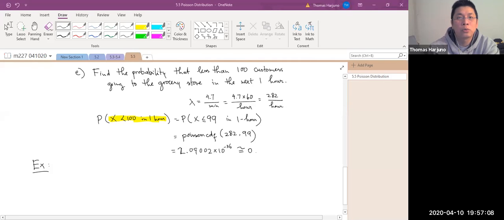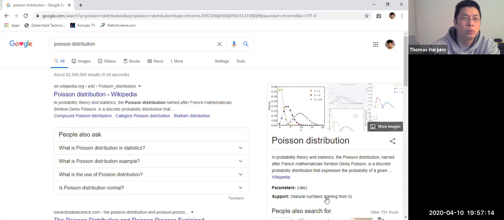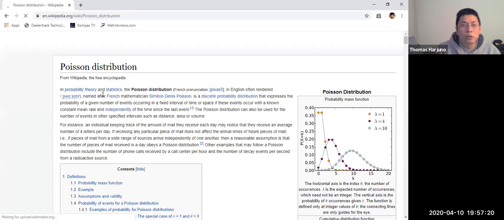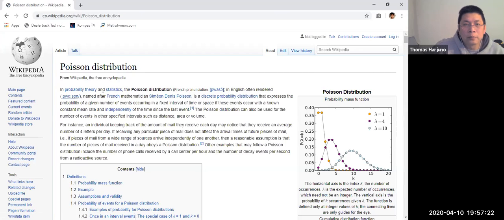So I go to Wikipedia. I type Poisson distribution, I Google it, and then I go to Wikipedia. Do you see this Wikipedia, everybody? I'm just afraid that I'm on a different page. Now, why do we call it Poisson distribution?